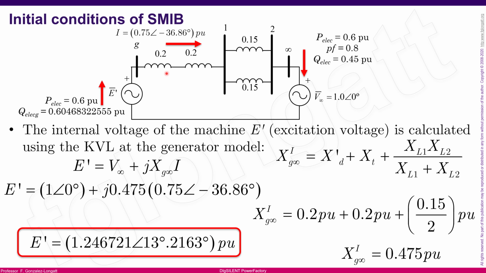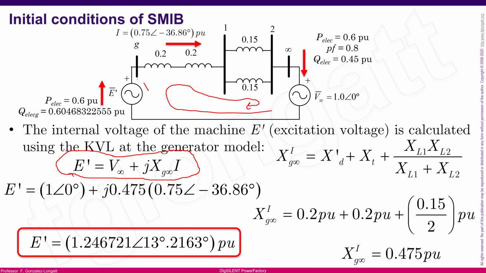we can create an equivalent for this series of reactances, okay? And then we can go back through this ideal voltage and close the loop. And that is this equation over here, okay? What I'm telling you is that this equation is representing the equation defining the voltage across this loop, okay?